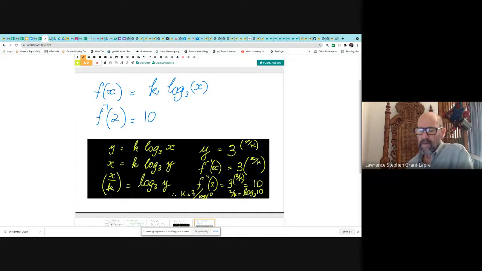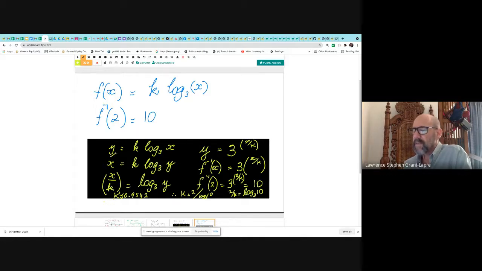The log base 3 of 10, and we want that to be 2 divided by that number, and we get, if I just say approximately as a decimal place, 0.9542, and that is the value for k, approximately 0.9542.